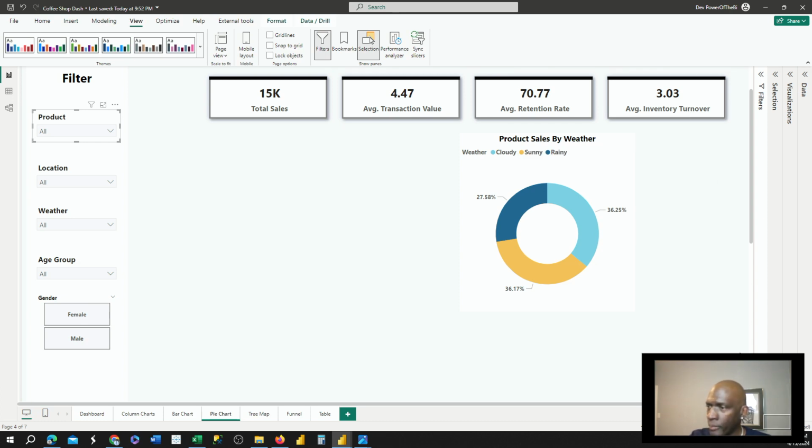Now, that's allowing us to visualize by all products, all weather, all locations, all age groups, and all gender. So now we see that we have 27.58% of our total products sold on rainy days, and 36.25% sold on cloudy days, and 36.17% sold on sunny days.